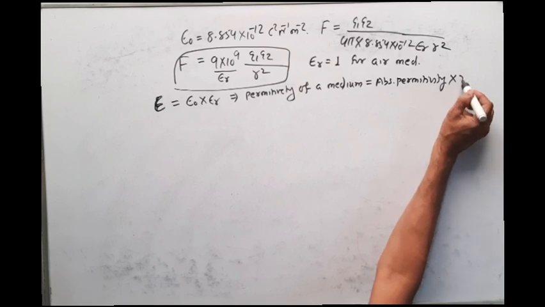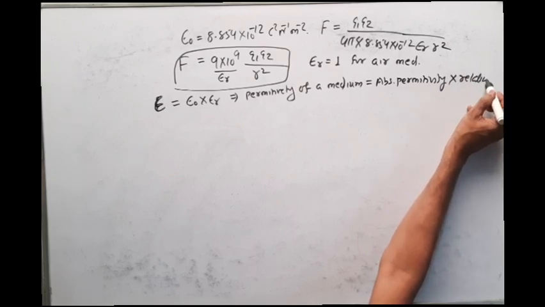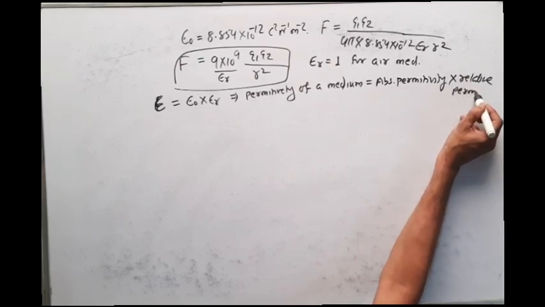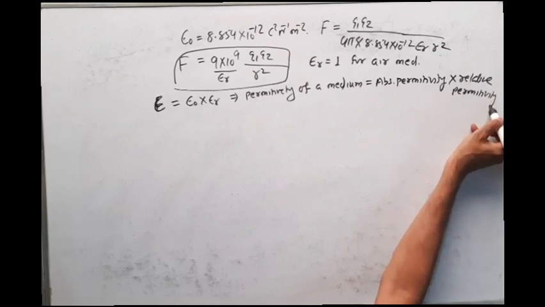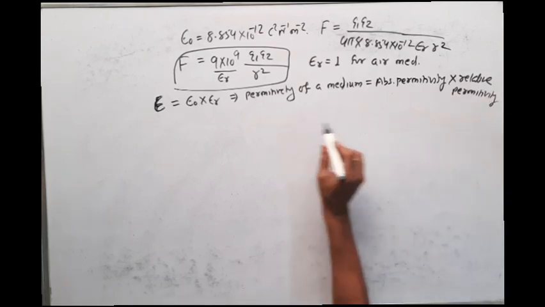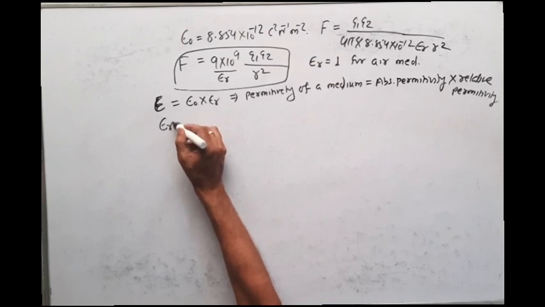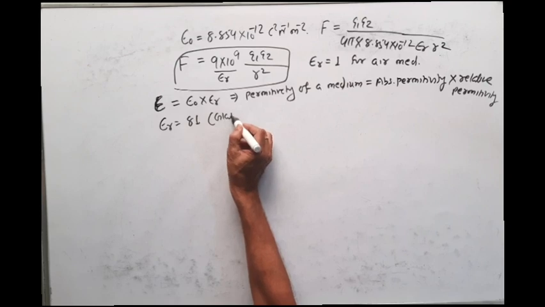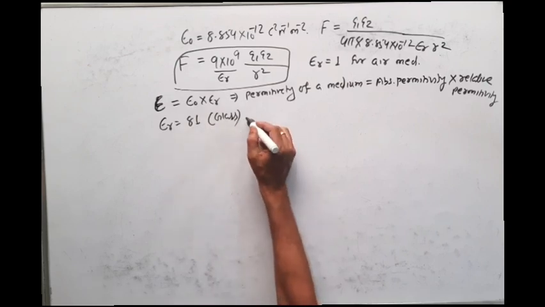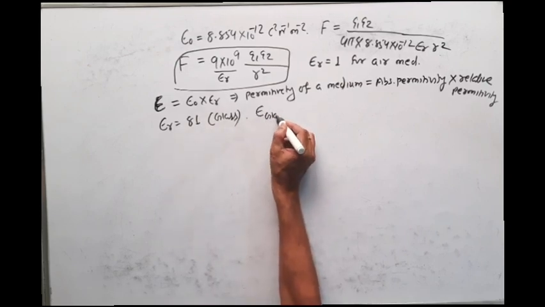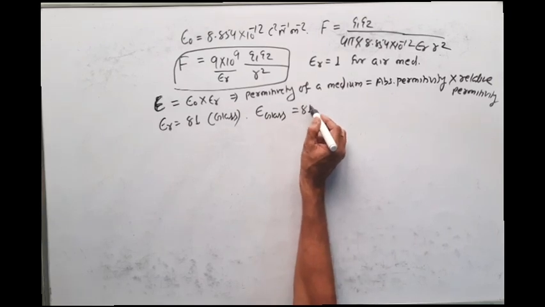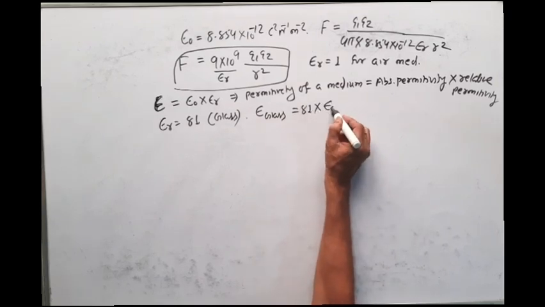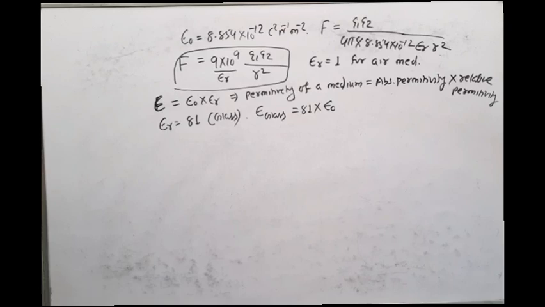And epsilon r is the relative permittivity. Suppose the relative permittivity of glass is 81. Then what is the permittivity of glass? It is 81 times the permittivity of air. So that is the concept of relative permittivity and absolute permittivity.